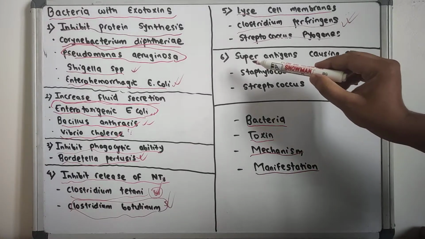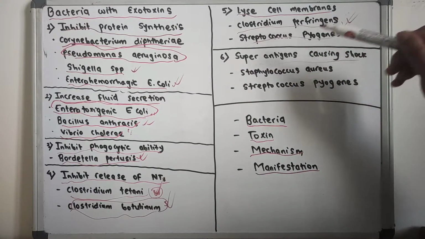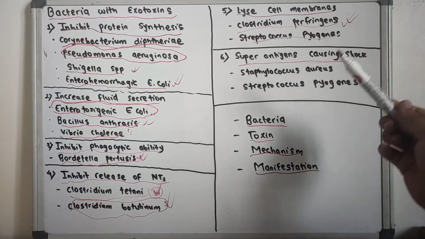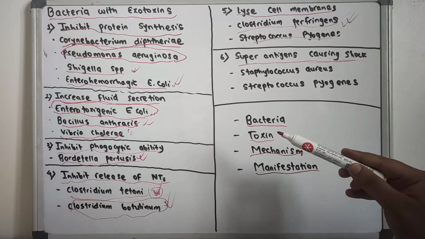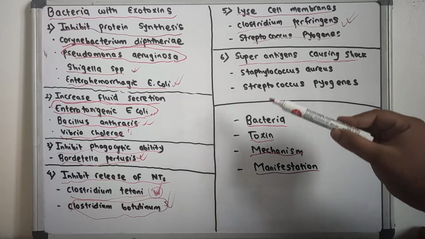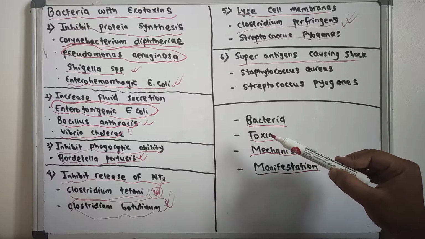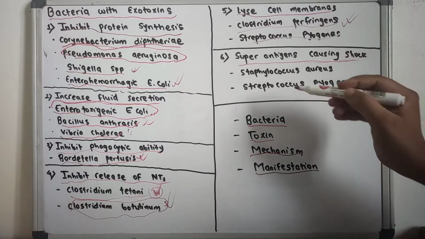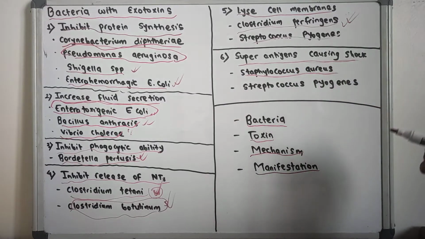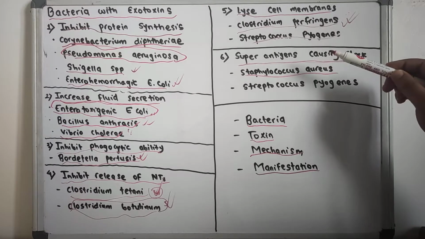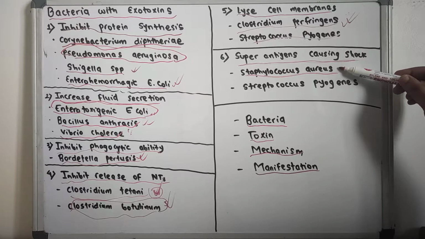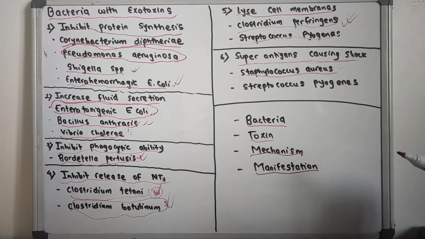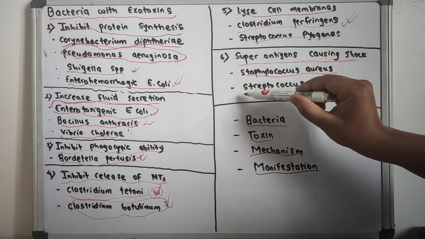Now let us talk about the superantigens causing the shock. Various superantigens causing the shock are secreted by the Staphylococcus aureus and Streptococcus pyogenes. The Staphylococcus aureus secretes the toxic shock syndrome toxin. The mechanisms of action of the toxins secreted by the Staphylococcus aureus and the Streptococcus pyogenes are alike.